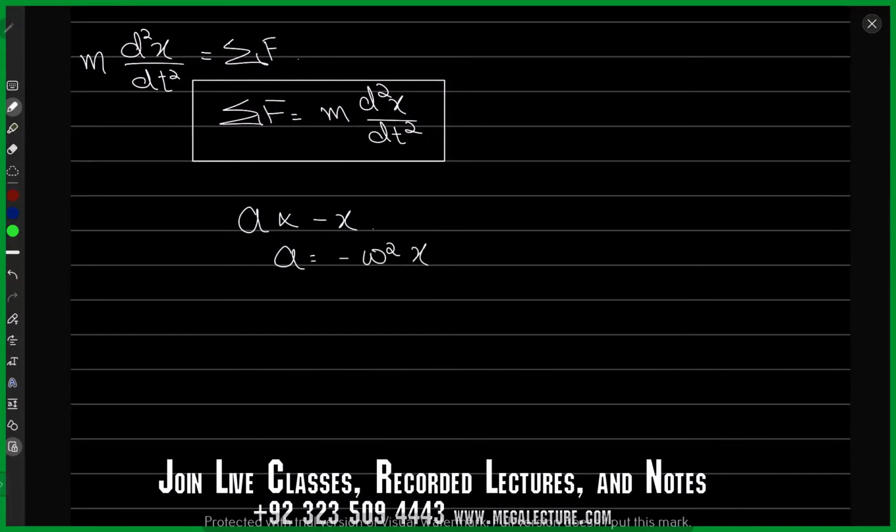And then I have x, right? Now this omega squared is the constant of proportionality, that constant k, right? But you must be familiar with omega. Omega is just the angular frequency of an object, right? Something that is oscillating or moving in a circle will have a frequency, and that frequency is angular frequency. We have talked about it in circular motion.